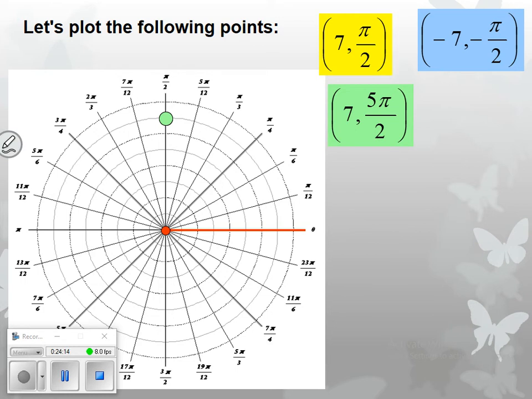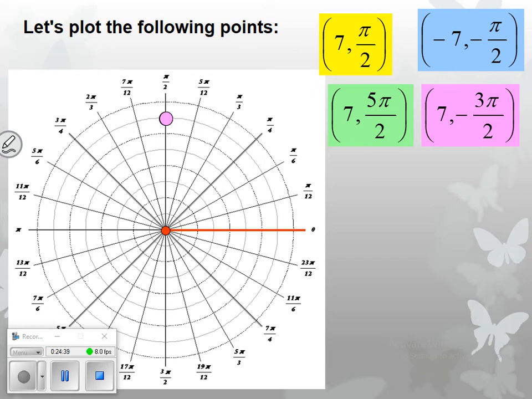Same point, right? Okay, so it's just kind of a procedure. So if I go 7 comma -3 pi over 2, -3 pi over 2, sending is pi over 2. And I count 7 units out on that one, and you're going to get the exact same point. Okay? Now, the only thing that I can do for the radius is either keep it 7 or -7. Does that make sense?